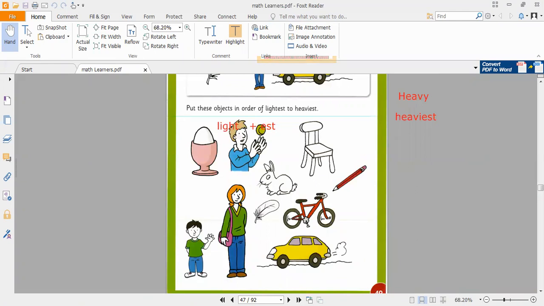Even it includes human beings. First, we are going to put them in groups, and then we are going to put them in order. So take out your pencils, boys. I'm going to make a group.